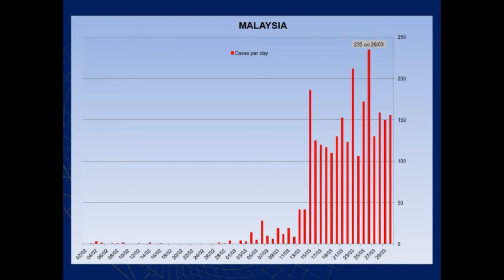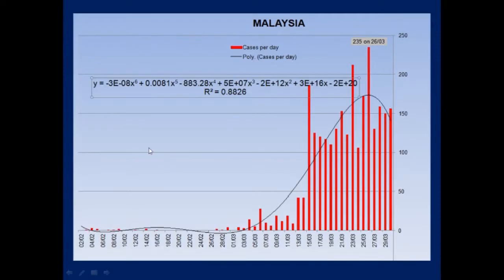I tried to put a trend on this chart. The trend I've used is polynomial, to a degree of 6, okay? And the regression R squared is actually 88%. If you look at this curve, it is tending downwards.